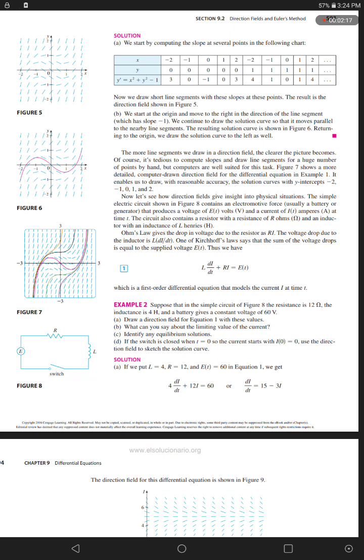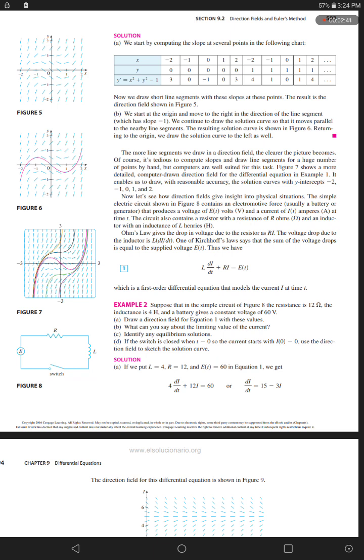The circuit also contains a resistor with a resistance of R ohms, and an inductor with an inductance of L henries, H.